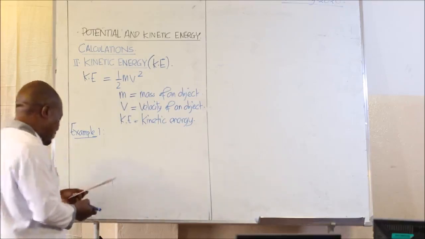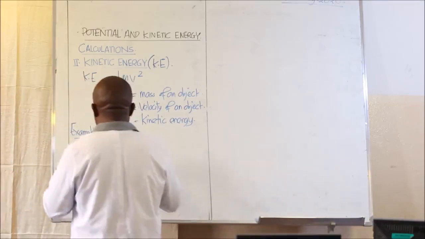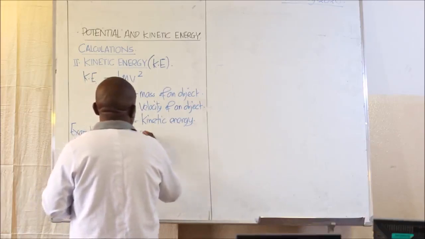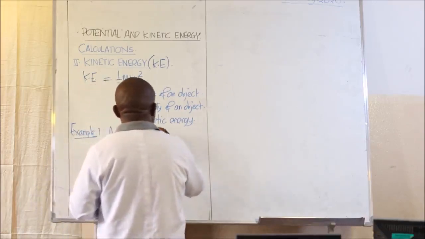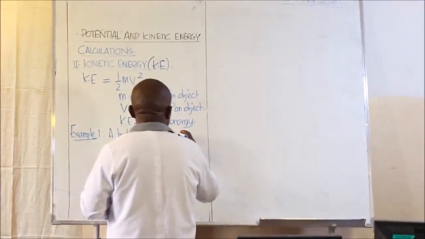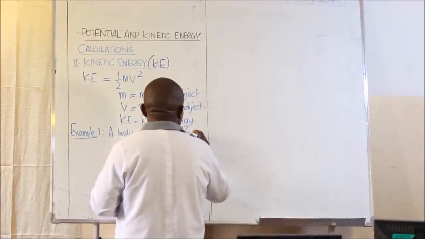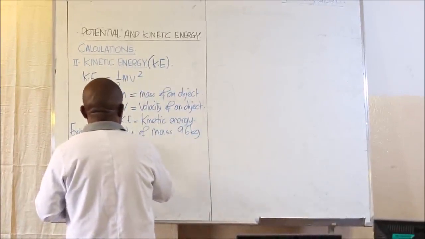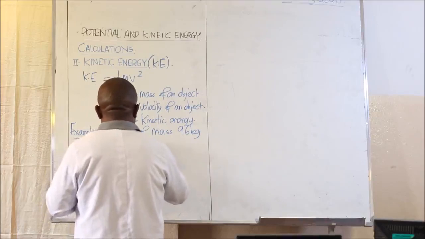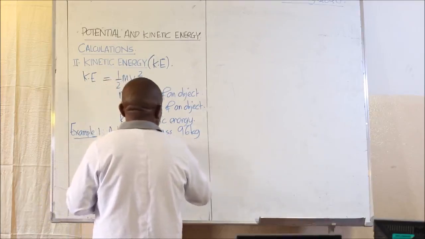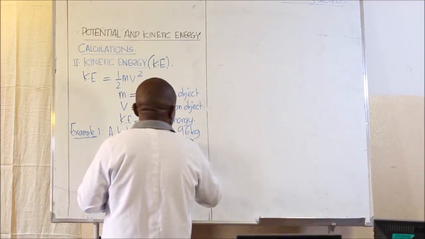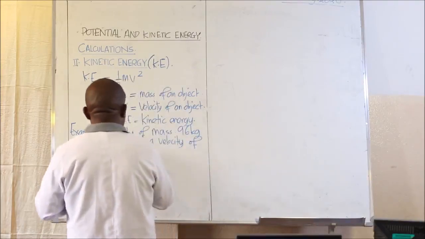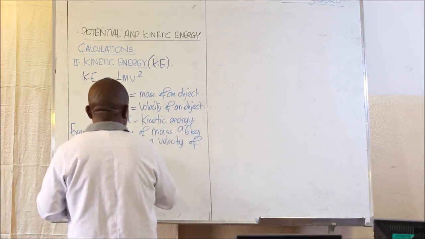Now, in our first example, the question says, a moving body of mass 96 kilograms moves at a velocity of 9 meters per second.